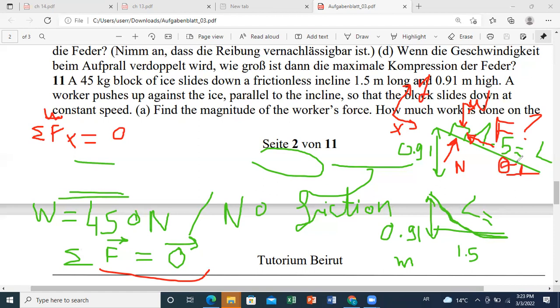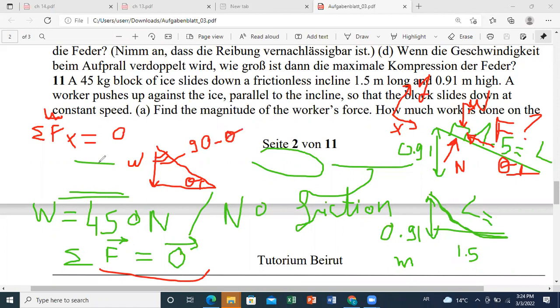Now, knowing this angle, since the weight is vertical and the horizontal is making an angle of theta with the incline, this means that the angle between the weight and the incline is 90 minus theta.